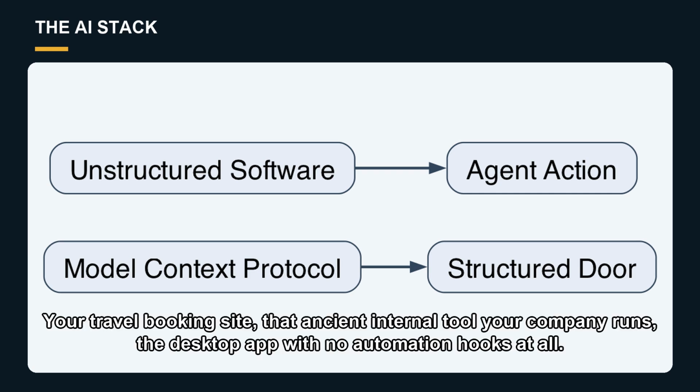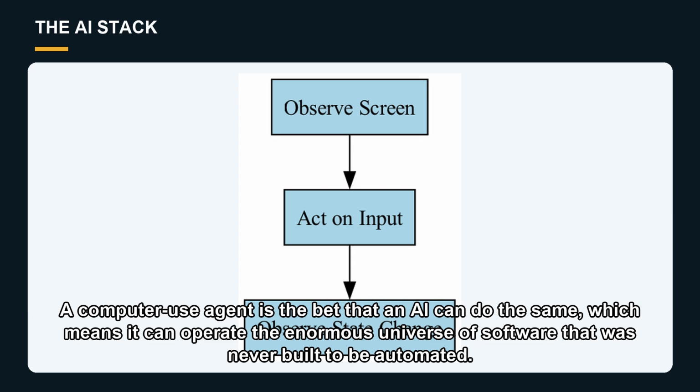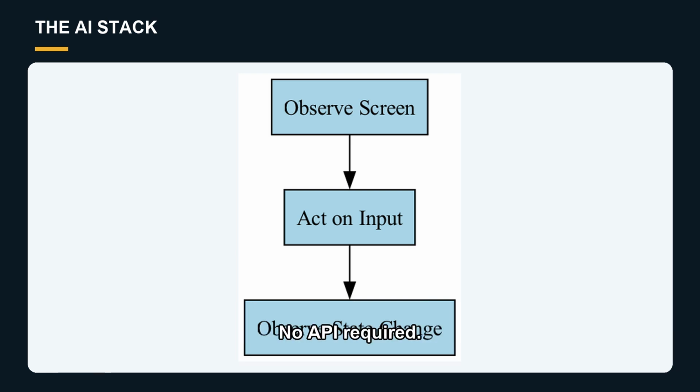Your travel booking site, that ancient internal tool your company runs, the desktop app with no automation hooks at all. A human just looks at the screen and clicks anyway. A computer use agent is the bet that an AI can do the same, which means it can operate the enormous universe of software that was never built to be automated. No API required. Just eyes and hands.